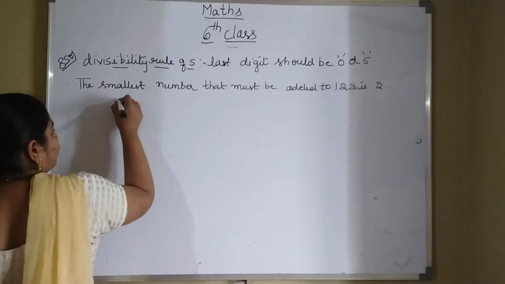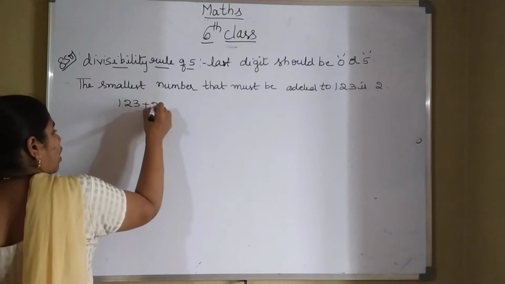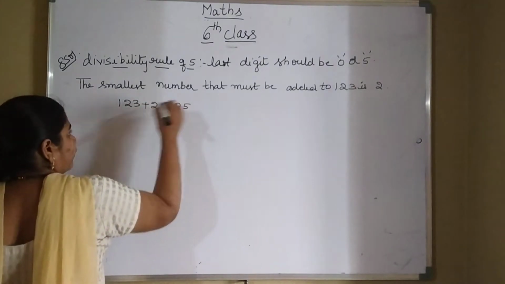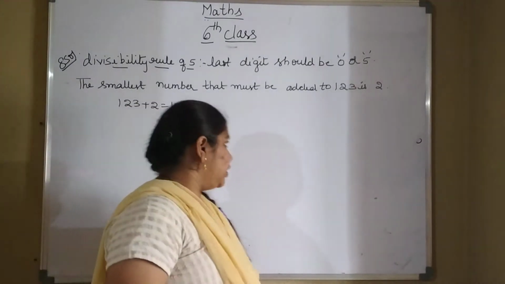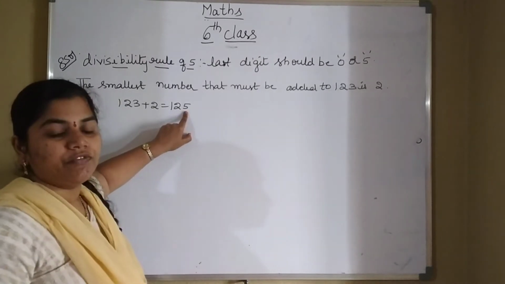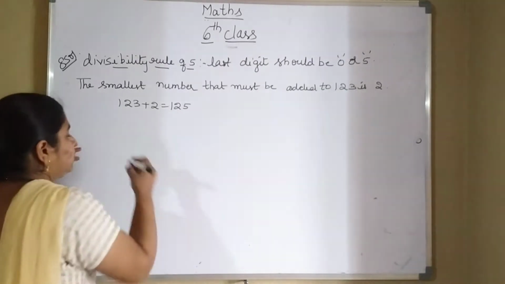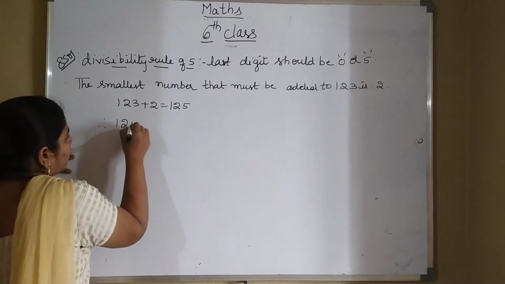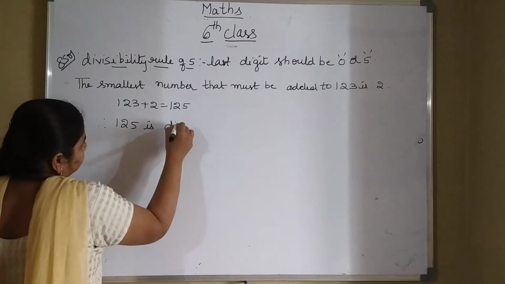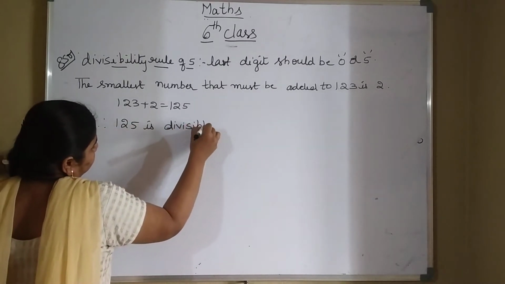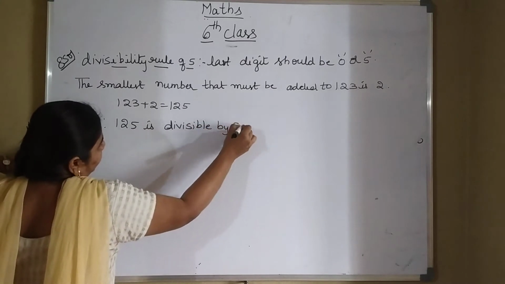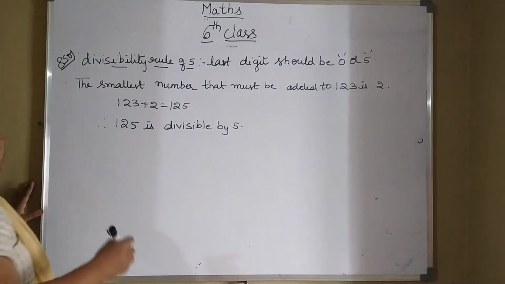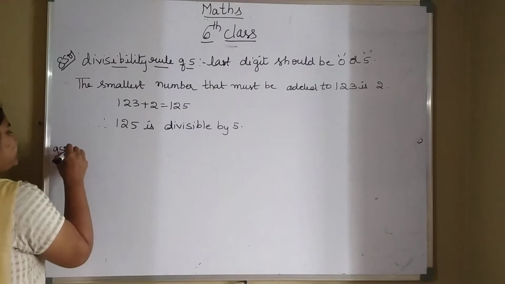So if you add 123 plus 2, how much it will be? 125. So what is the last digit here? 5. That means 125 is divisible by 5. So therefore 125 is divisible by 5.